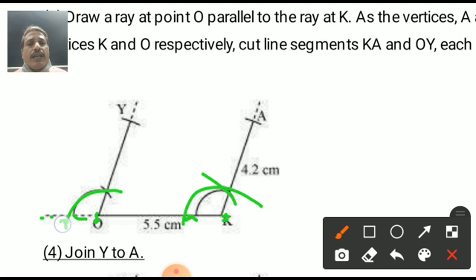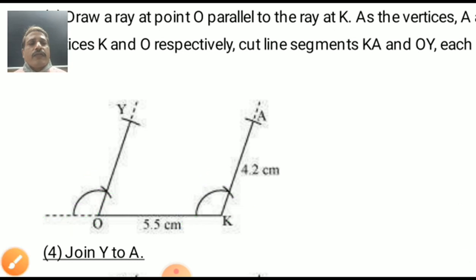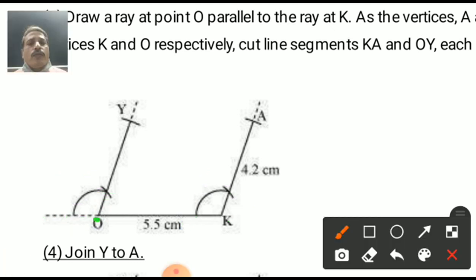Same way I can make one cut from here. I have two cuts. From O to this cut, draw a line, and from K to this point, draw one line. Easy? Yes.